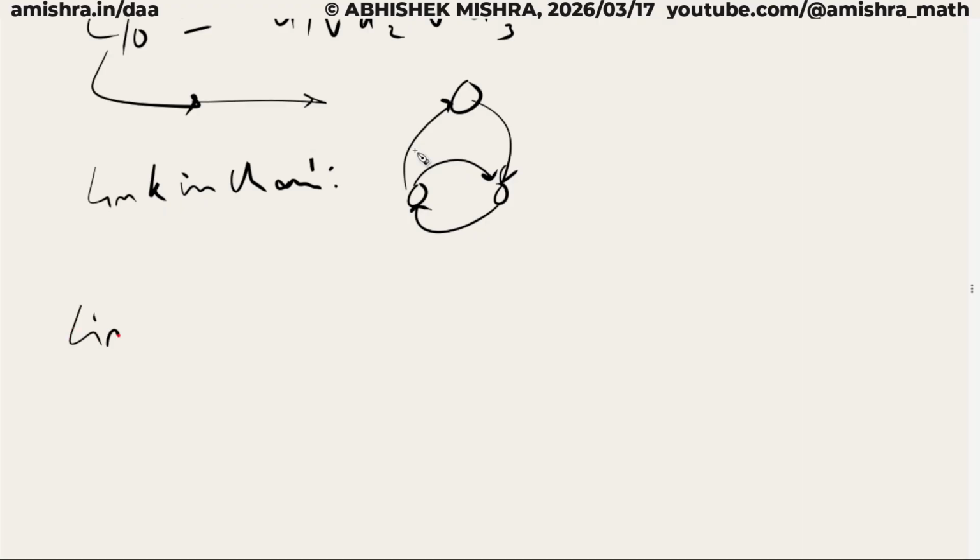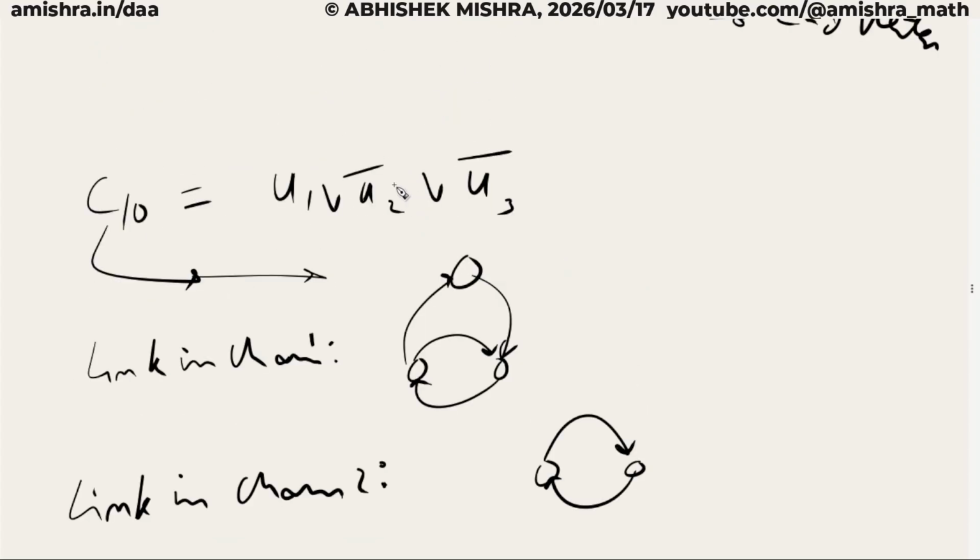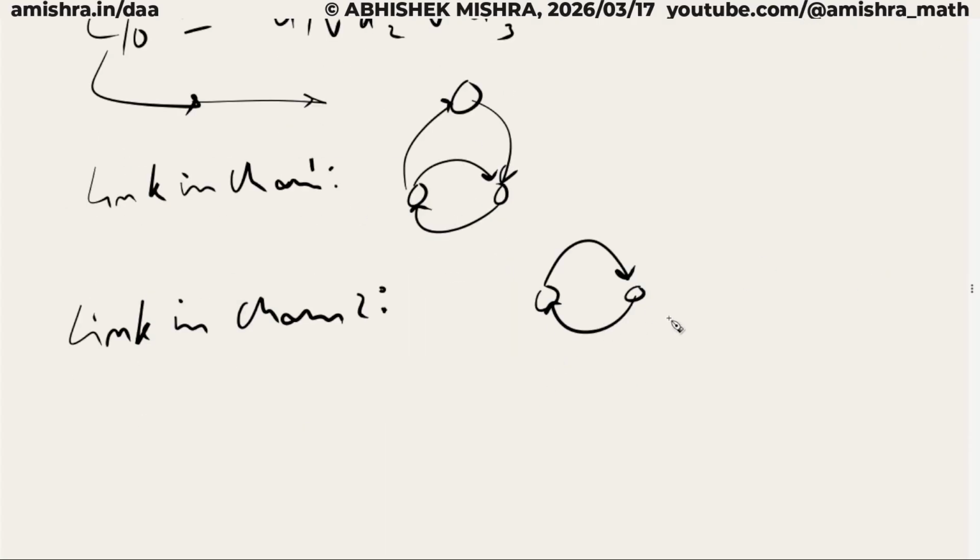Next, a link in chain 2. Again we can find a pair of links. Now here u2 has a not operator, so for the 0 assignment this clause becomes 1. The 0 assignment means we are traversing from right to left, in this order.